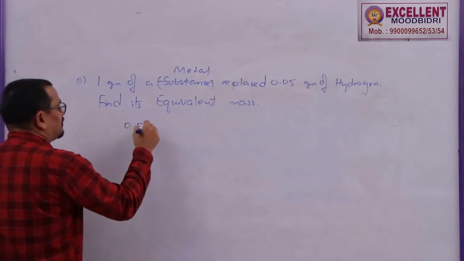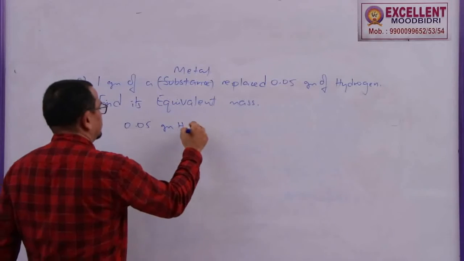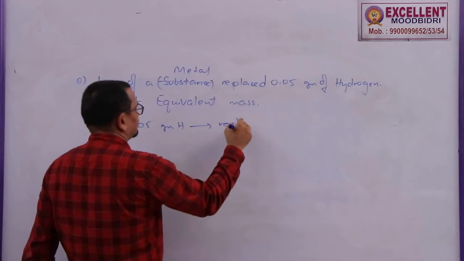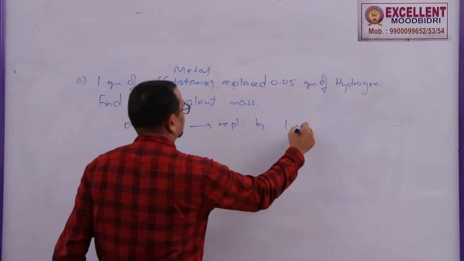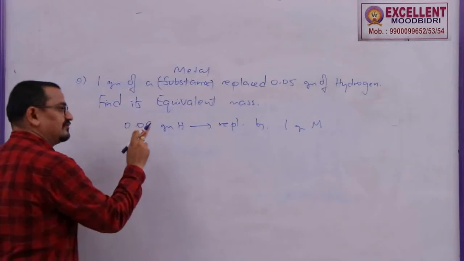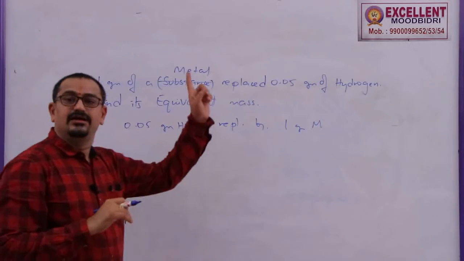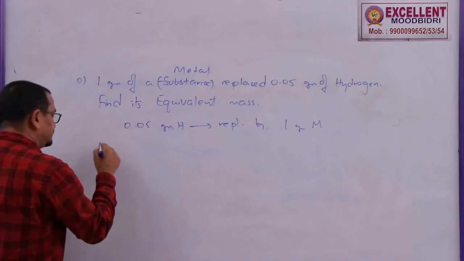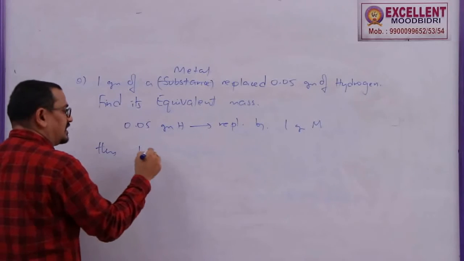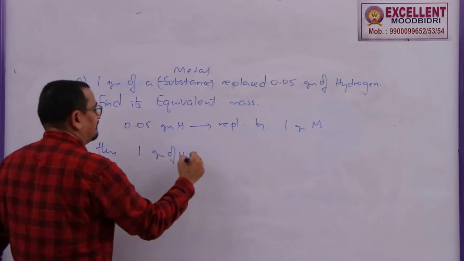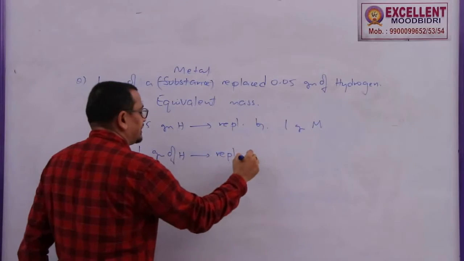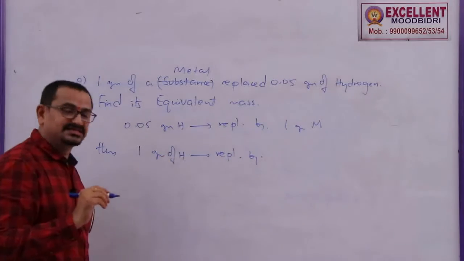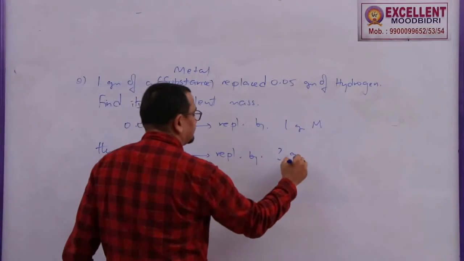See, 0.05 grams of hydrogen was replaced by 1 gram of metal. Then 1 gram of hydrogen will be replaced by how many grams of metal?